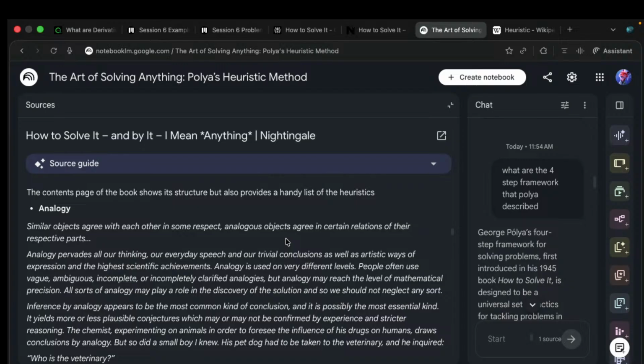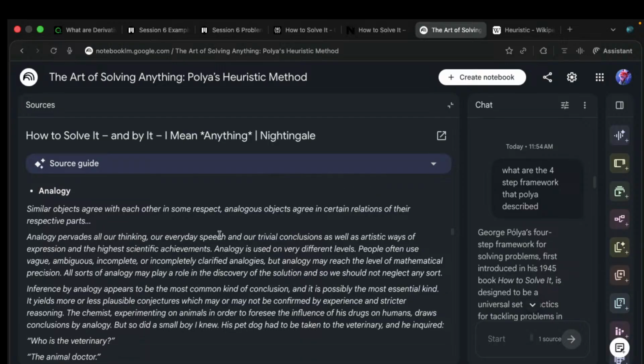So yeah, firstly, I do want to view the 67 heuristics first. Later on, we can jump to another thing. Let's just read the 67 heuristics.